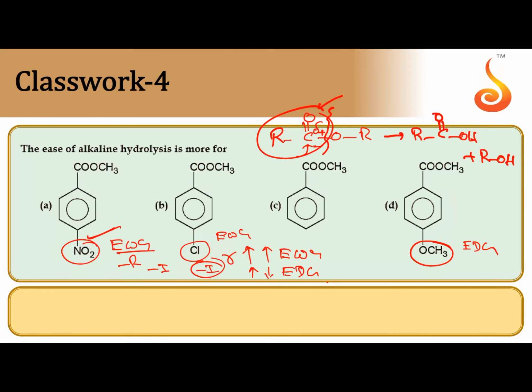The compound does not decarboxylate on simple heating. Regarding decarboxylation, a very, very important one is beta keto acid. Remember, a beta keto acid on heating, just thermal decomposition, undergoes decarboxylation to give a ketone.